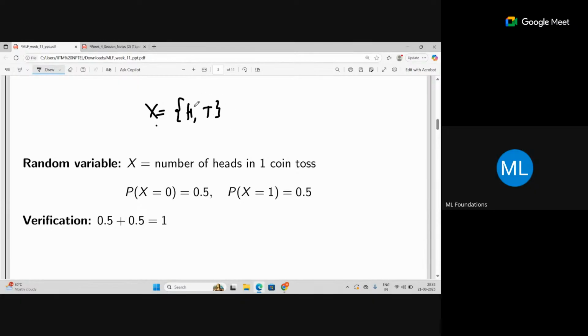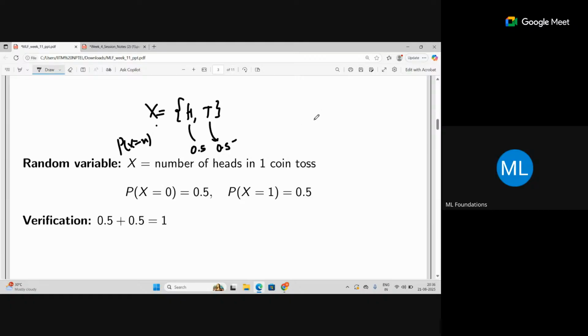The probability that X equals x, if I get head, is 0.5, and if I get tail, the probability is 0.5. In that case, there is a special name for this. What is that special name? Having the two probabilities similar, uniform distribution. Okay, that is fine.